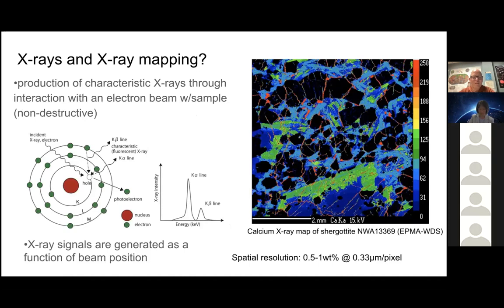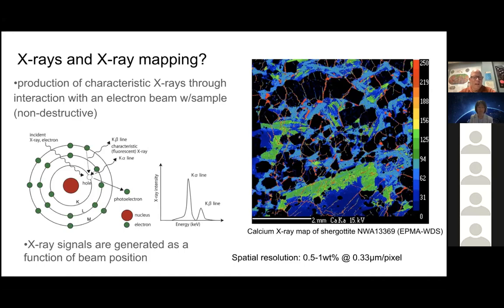When we're mapping a sample, we're trying to measure the characteristic X-rays that relate to the elemental composition at a point where that beam is interacting with the sample. So we use electron beam instruments that can shoot a high energy beam of electrons at a point.